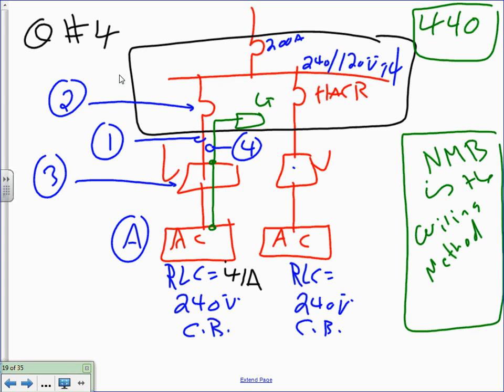Question number 4, Andrew, my friend, is equivalent to D. On your sheet, can I have a thumbs up, Chad? We know 4 is D. D says I have 2 air conditioners, and I need to feed them with a feeder, and I'm only interested in sizing the branch circuits for one of them. 2 air conditioners, I'm feeding them from a panel, and I'm only interested in finding the branch circuits.